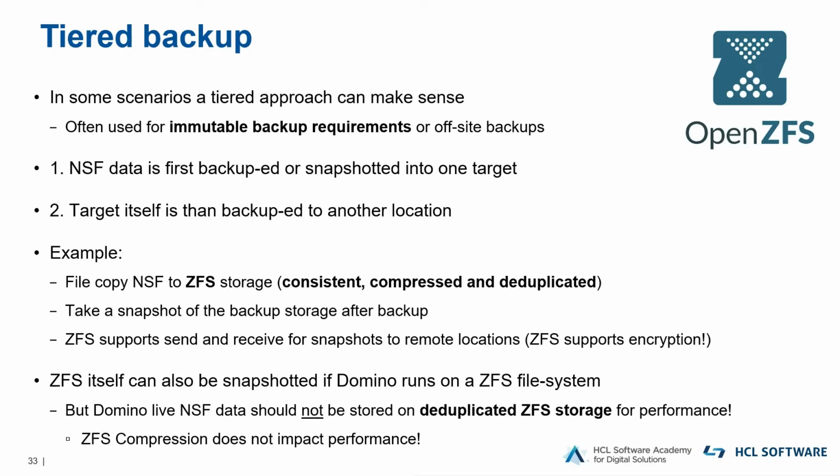A very simple way would be to mount and unmount a disk, but usually you would use a tiered backup. The first level of the backup is maybe a copy to a different storage. Then on that other storage, for example a ZFS storage appliance, you could do a snapshot. And that snapshot is independent from your normal backup.